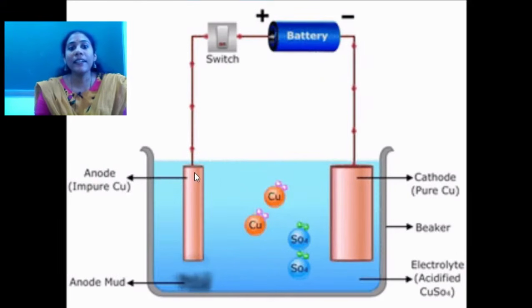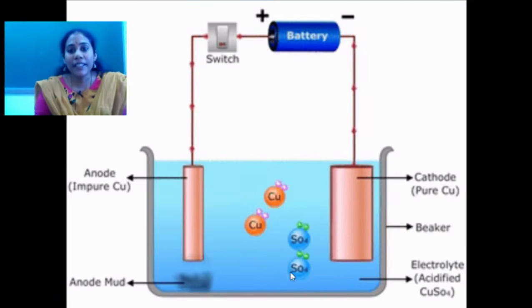This is a pure copper rod, this is an impure copper rod. The impure copper rod is connected to the positive terminal of a battery. See, this is a battery and this is a switch. So the impure copper rod is connected to the positive terminal, so this rod is called anode, and the pure copper rod is connected to the negative terminal of the battery, and this rod is called cathode.